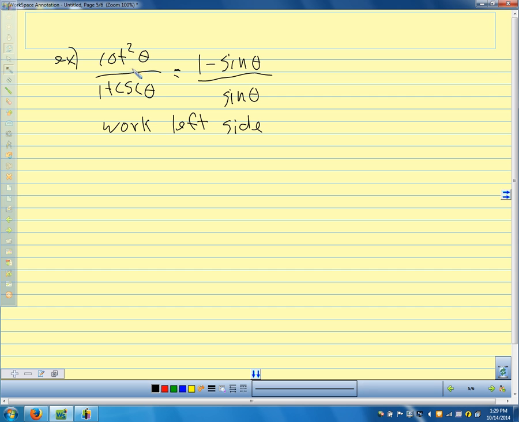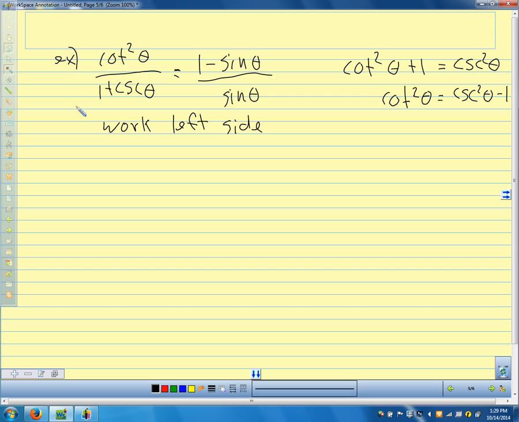Do we have a different way that we could write cotangent squared theta? We know that cotangent squared theta plus 1 equals cosecant squared theta. So cotangent squared theta equals cosecant squared theta minus 1.